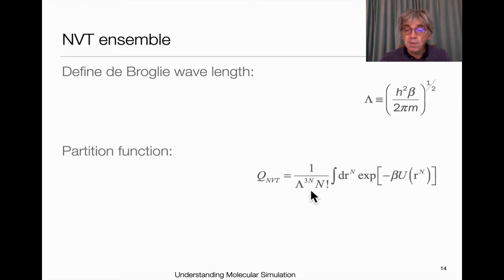This is the de Broglie wavelength, and the de Broglie wavelength is written here. The reason we have this de Broglie wavelength is that it comes from the integration over the momenta. Normally, if we do statistical thermodynamics, the partition function also involves integration over the momenta, but that is something you can do analytically. So the thermodynamics is determined by the configurational part, so the positions.